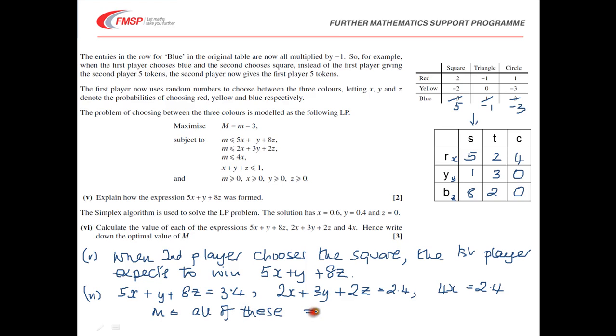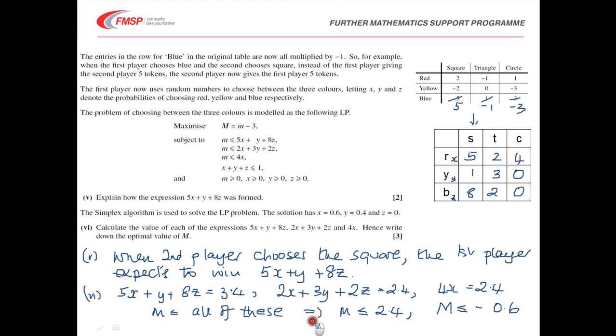That implies that m must be less than or equal to 2.4. But that, in turn, because capital M is equal to little m minus 3, means that M must be less than or equal to negative 0.6.